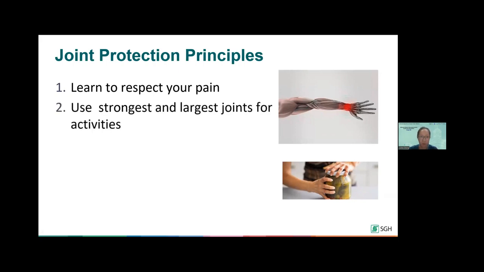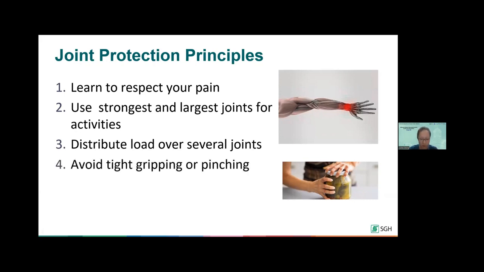We need to use the strongest and largest joints for activities instead of using the weaker joints. And it is important to distribute the load over several joints instead of using the same joint over and over again. And of course, one very important aspect of joint protection is to avoid tight gripping or pinching activities.